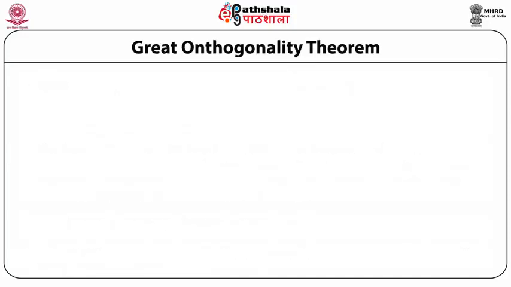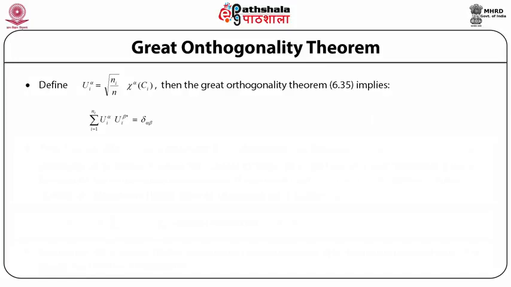We will now discuss something which tells us about the dimensionality of the irreducible representations. Let us define u_i alpha equal to the square root of N_i by N times chi alpha(C_i). That is, u_i alpha is the character of the ith class in the representation alpha multiplied by the number of elements in the class divided by the total number, or the order of the group, and the square root of that is taken.